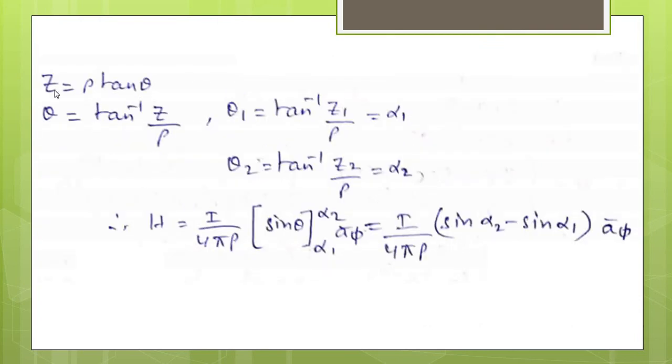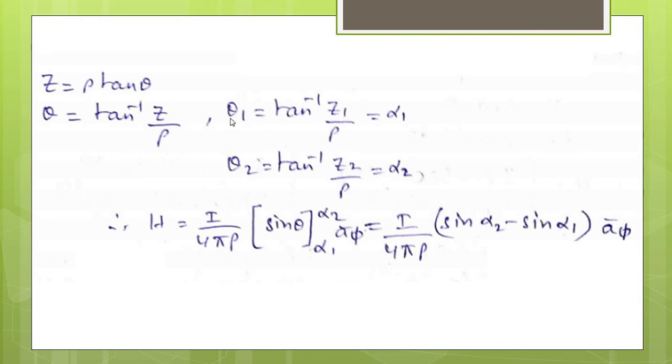Now we have also used z is equal to rho tan theta, and from this we get theta is equal to tan inverse of z by rho. Now apply the upper and lower limits. Theta 1 is equal to, now here the conductor is of a finite length. It is located between z1 and z2.